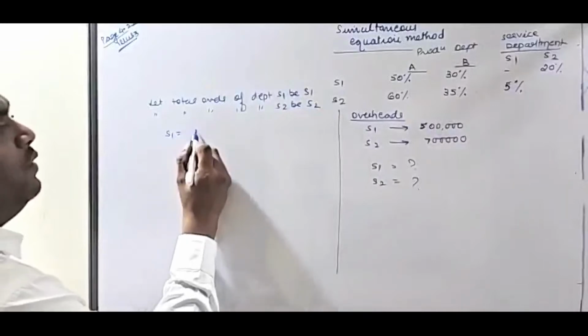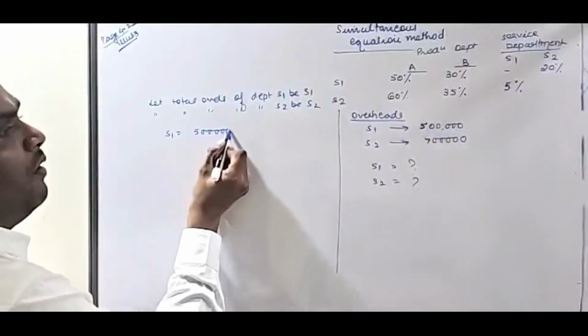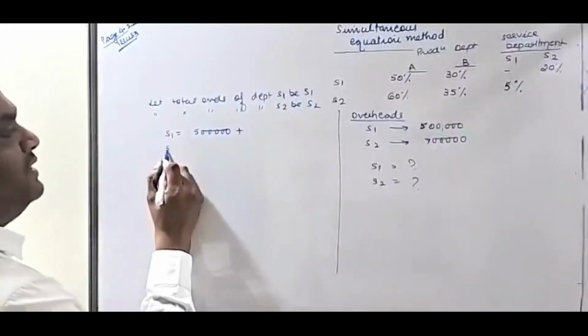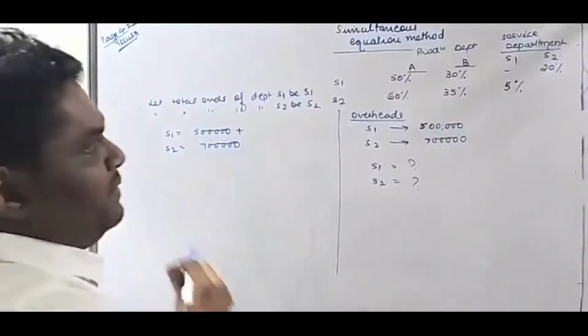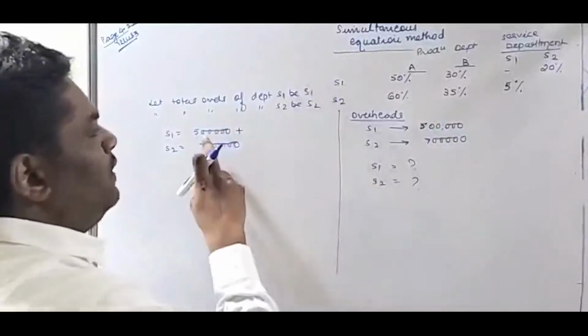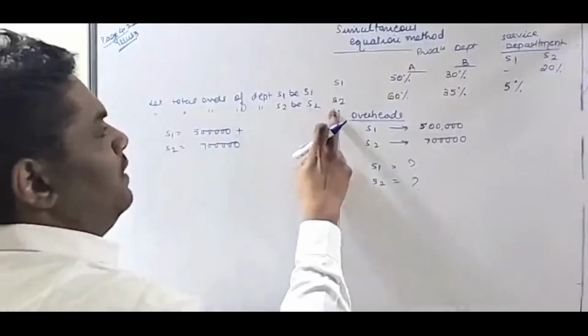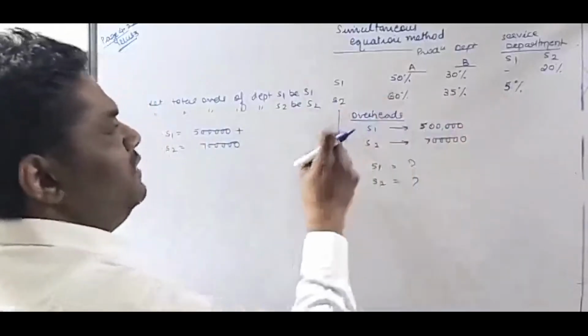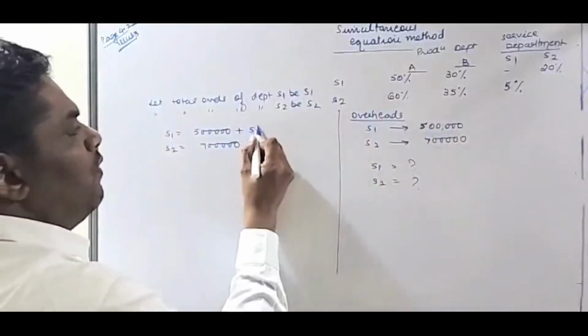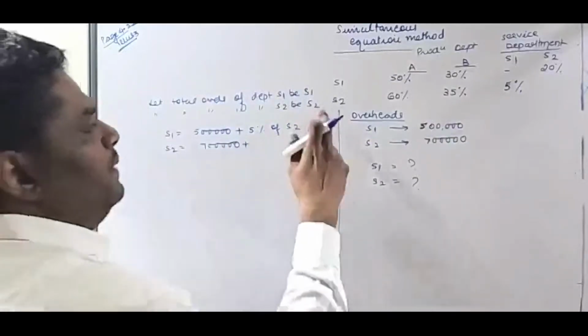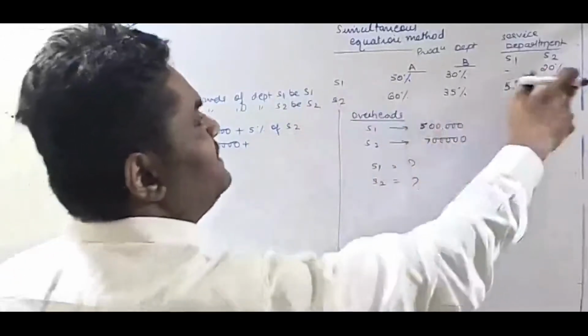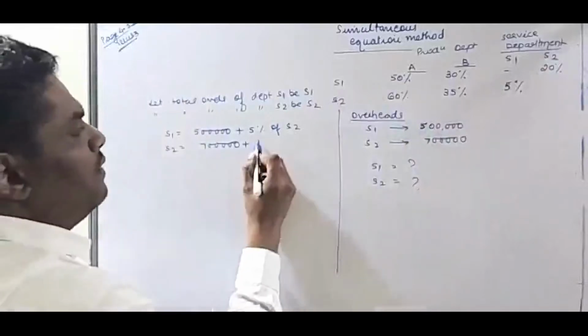So S1 will be 5 lakh plus a certain percentage, and S2 will be 7 lakh plus a certain percentage. The total overhead of S1 will be 5 lakh plus 5% of S2. And S2 will be what? 7 lakh plus 20% of S1.